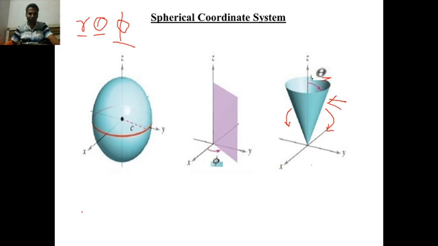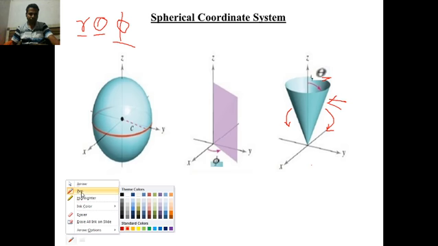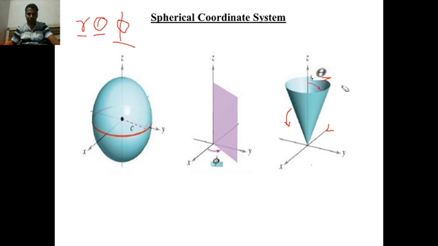For example, if I want to find out the theta coordinate of this point, suppose this is your point P, what is the theta coordinate of this point? So you have to expand this particular right circular cone in this direction, so that this point P will come on the outer surface of this right circular cone in this fashion.